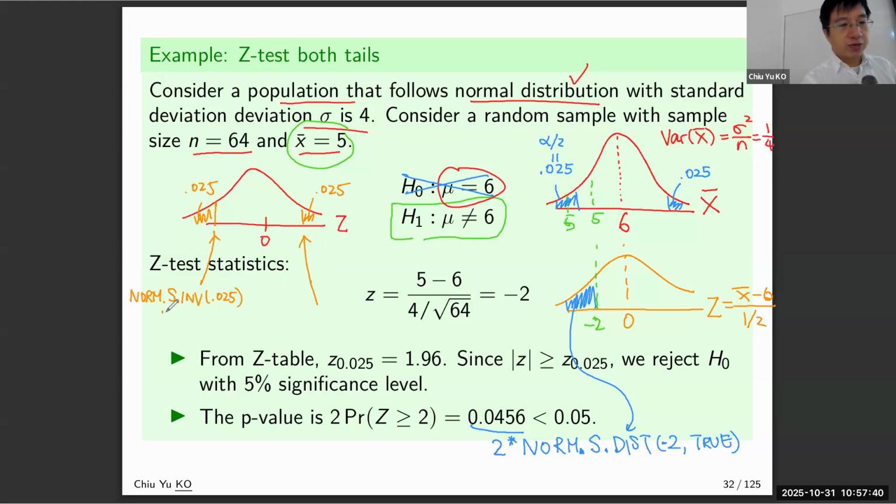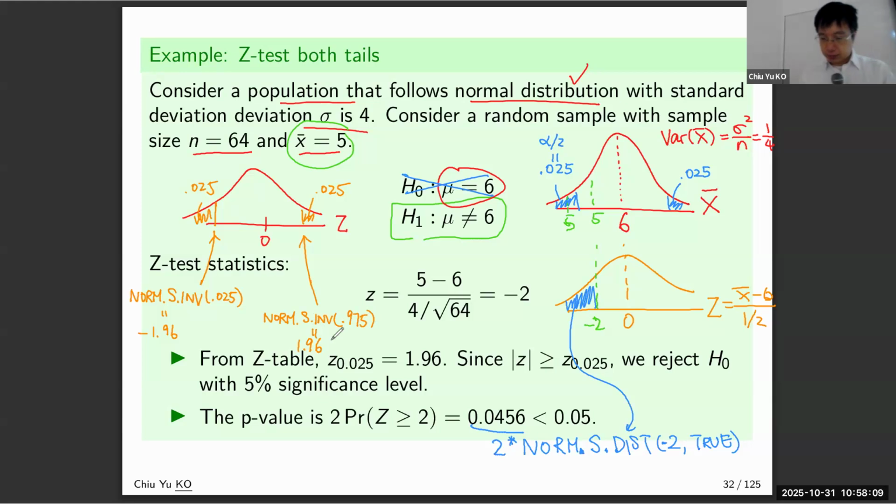So it will be negative 1.96. And for this one, it will be norm.s.inv of 0.975, because 0.025 is on the right-hand side, so the left-hand side is 1 minus that, 0.975. So this will give you 1.96 here.